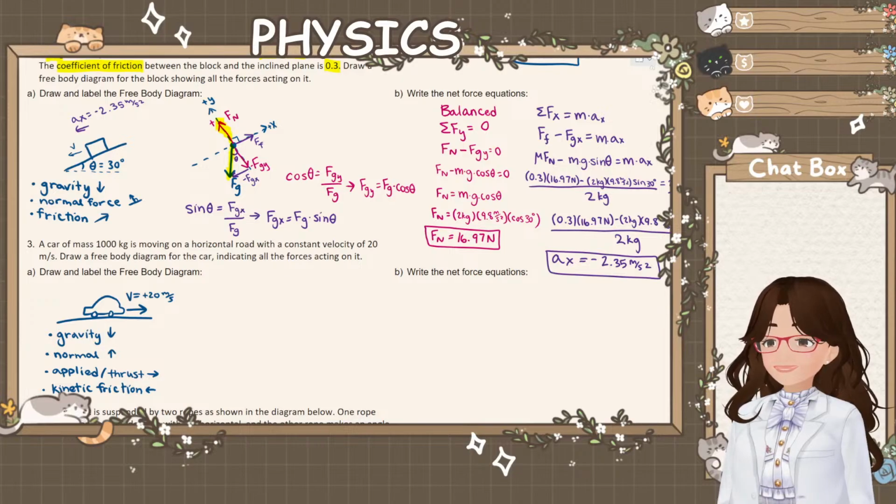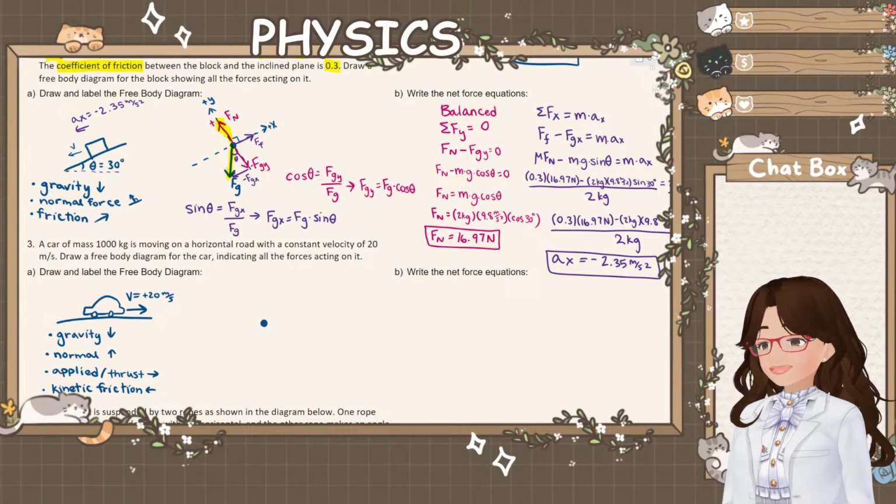Okay, so in this problem, we're going to go ahead and start with our dot. We're going to have the applied force to the right because, again, applied force is always going to match the direction of motion. And then in response, we're going to have the friction force balancing that, pointing back.